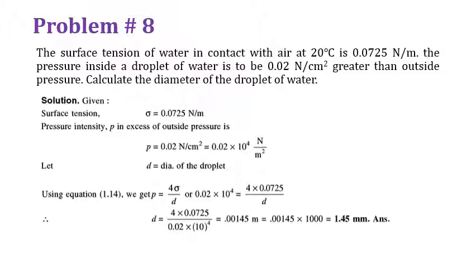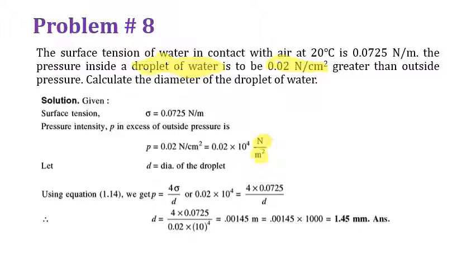So for the droplet of water, this thing is to be noted because we need to use a relevant formula. The pressure which is greater than the outside pressure means this is only the excess pressure, which is 0.02 Newton per centimeter square. You can convert it to Newton per meter square, like over here they have already done it.